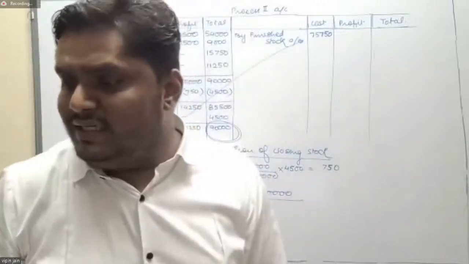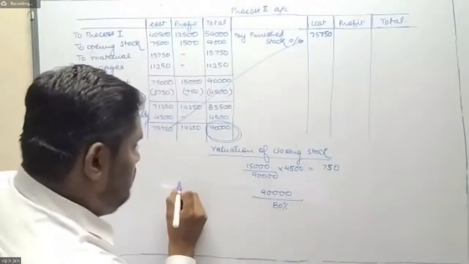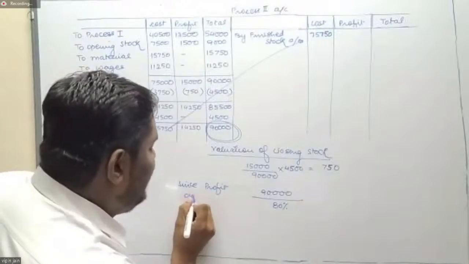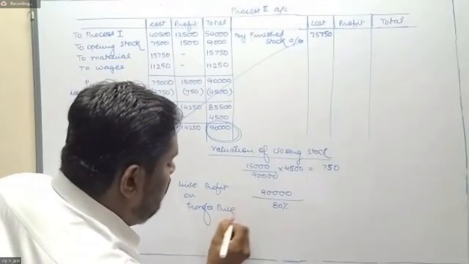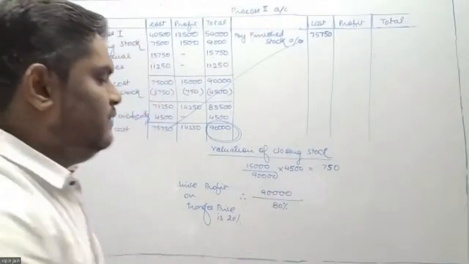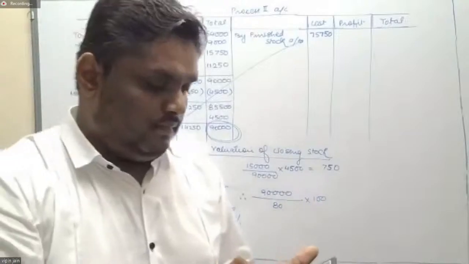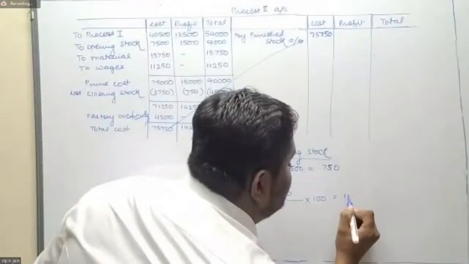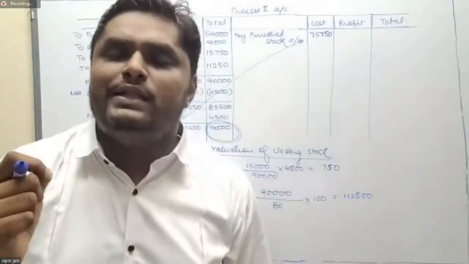That is 90,000 is equal to 80%, since profit on transfer price is 20%. So how much will be 100? $1,12,500.